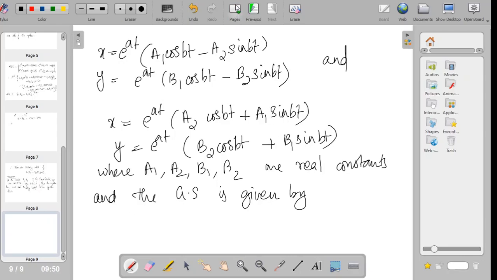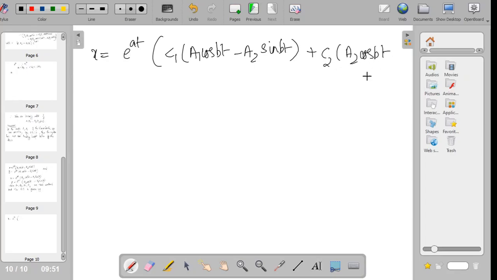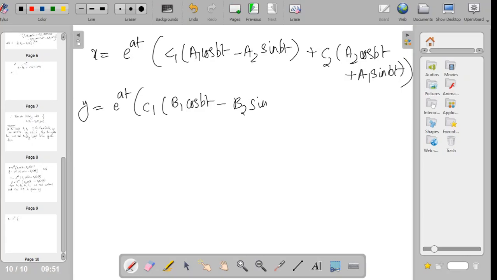So the general solution will be x equal to e raised to at into [c1 (a1 cos bt minus a2 sin bt) plus c2 (a2 cos bt plus a1 sin bt)], and y will be e raised to at [c1 (b1 cos bt minus b2 sin bt) plus c2 (b2 cos bt plus b1 sin bt)].